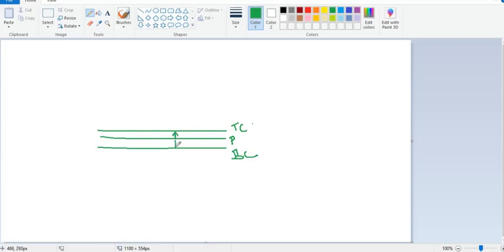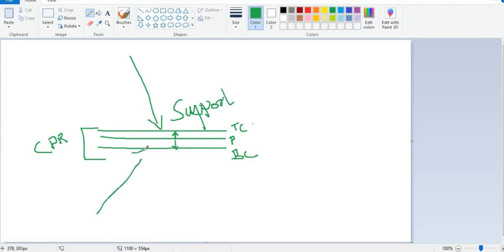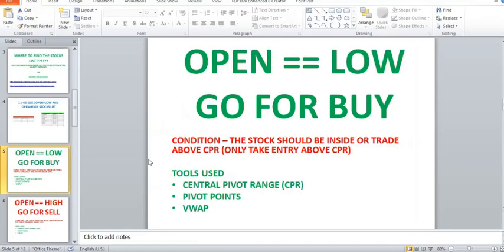There is support and resistance for this pivot. This is what we call CPR. CPR acts as a strong support and also a strong resistance.